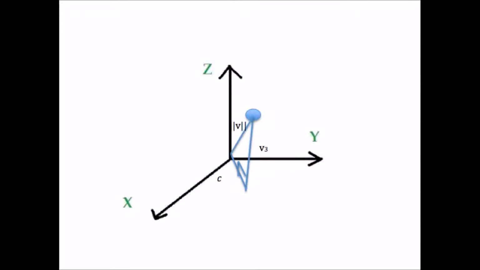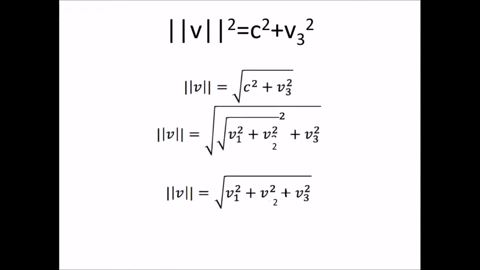We then have another right triangle. So what can we do again? We use the Pythagorean theorem again. We then know that v squared is equal to c squared plus v sub 3 squared. From there, we figured out what c was, so we can plug in c squared. We can plug in what we know for c, and we end up with this result.